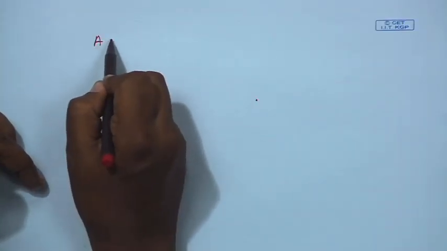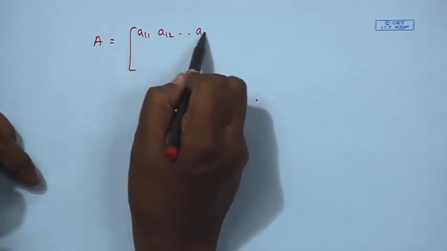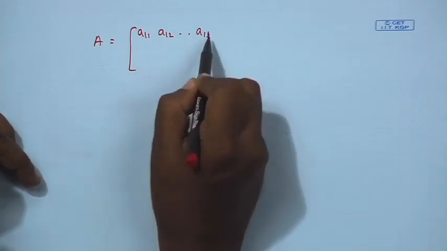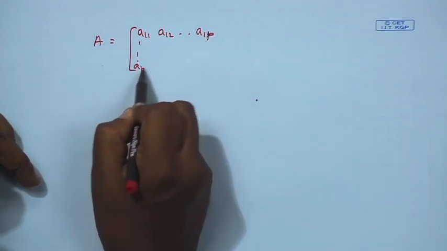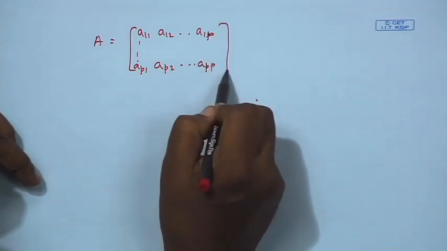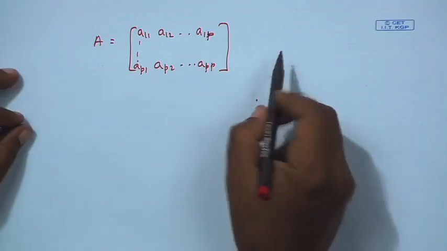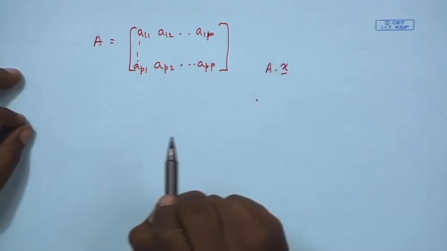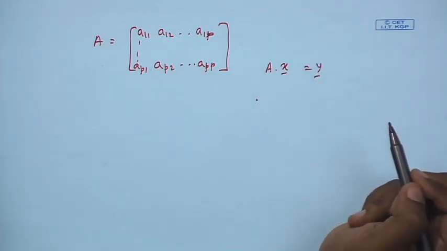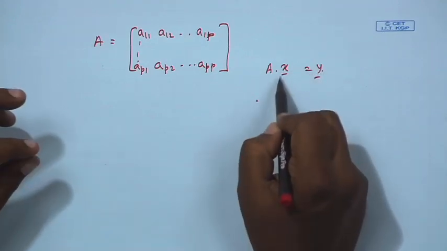Suppose I give you a square matrix A. Now, if you multiply A with any vector x, you know how to do this, you will get another vector y. But in general y is not just x with all samples multiplied by a constant.